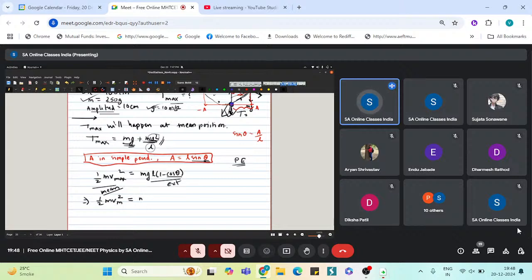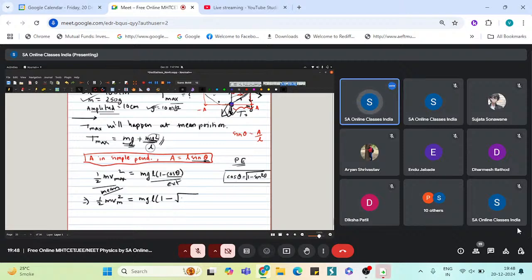So half mv square is just going to be mgl times 1 minus cos theta. I think all of you know this trigonometric thing: sine square theta plus cos square theta is 1. If we take it on the other side, we get that cos theta is equal to root of 1 minus sine square theta.